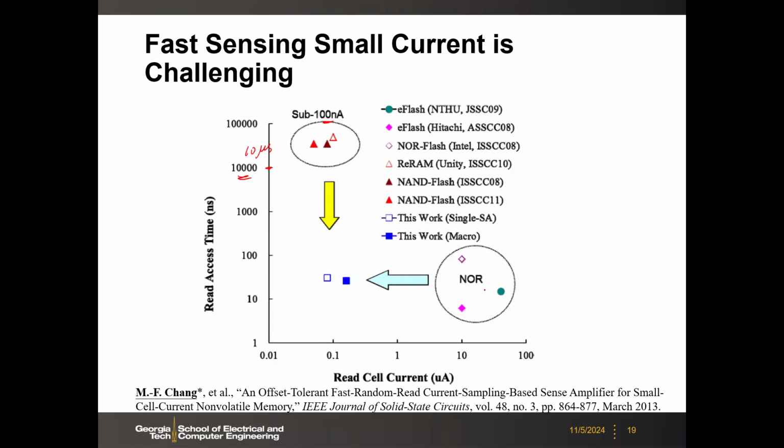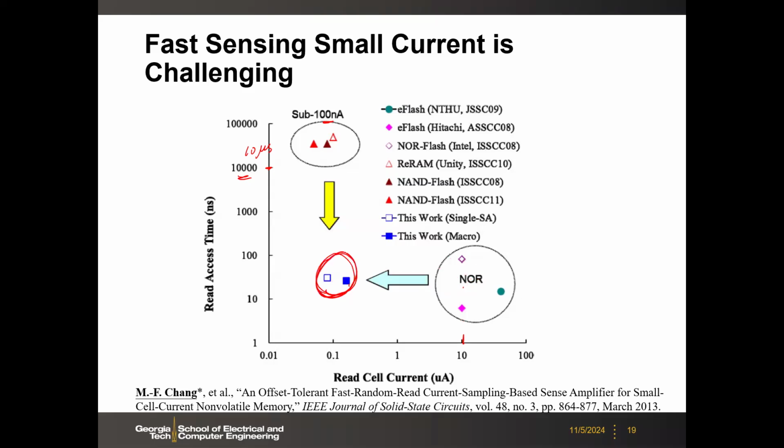And the NOR flash, because the readout current is large, like 10 microamp, because it's in parallel, each cell connects to the bitline right away. So then the NOR flash is tens of nanoseconds. So here then the key challenge, how to sense the small current but with a faster speed.